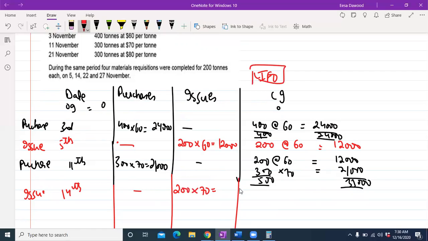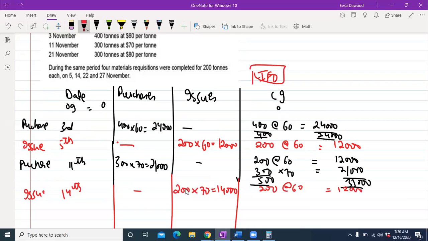Had it been FIFO method, we would issue 200 at 60, the earliest price. Now we are issuing the latest price. What is left in the inventory would be the ones we received earlier, because we issue the latest inventory. So that's 14,000 issued. The 200 at 60 is untouched, we already have that in the inventory.